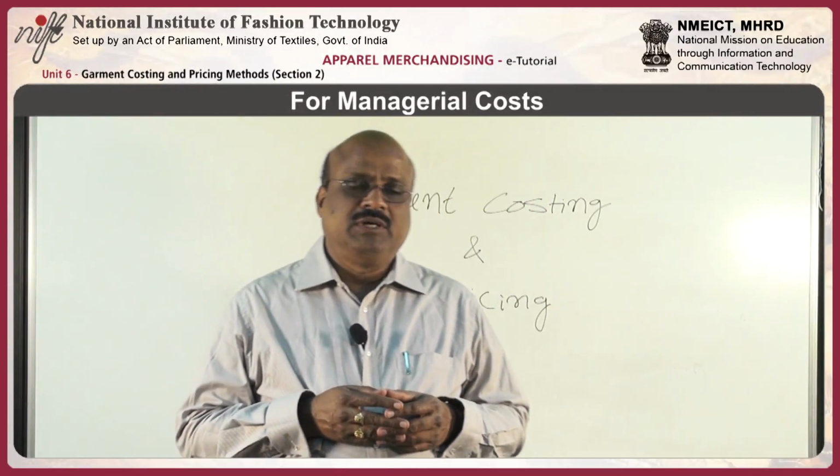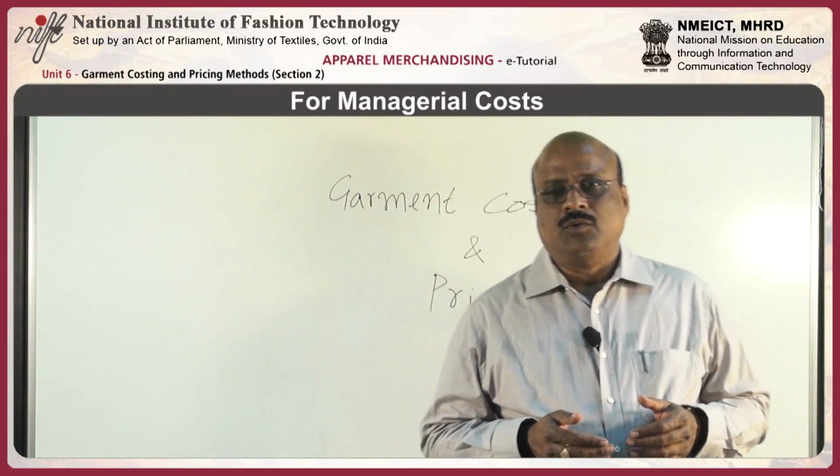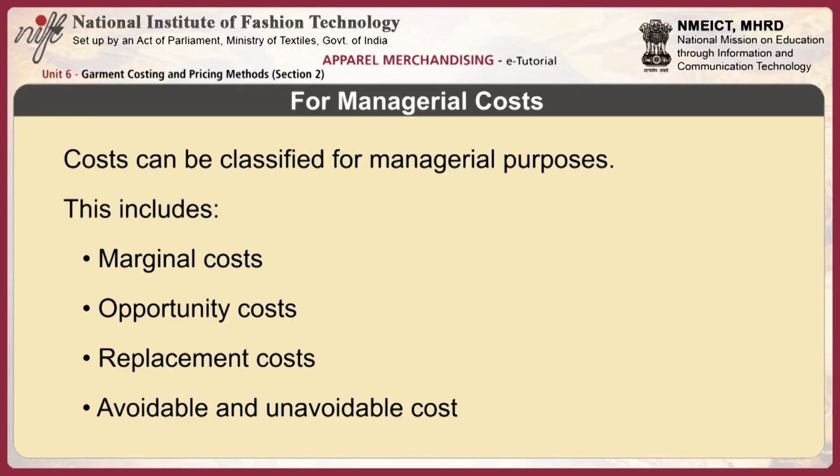Then we have managerial costs. What are managerial costs? Costs can be classified for managerial purposes. It includes marginal costs, which are costs increasing marginally with the addition of amounts.